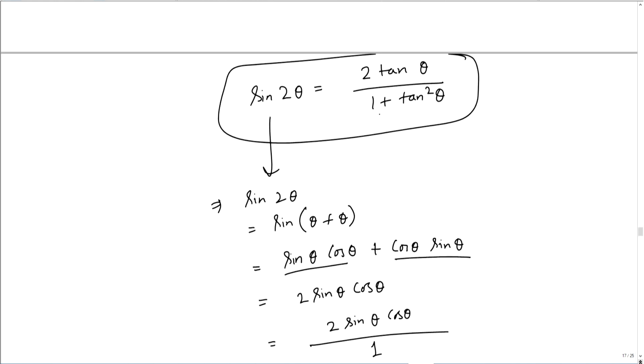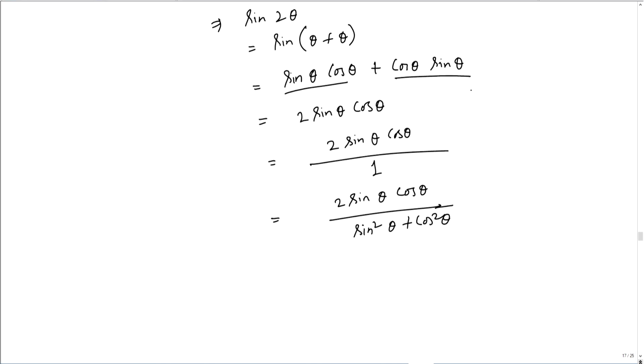Because I see here in the denominator there is a term which is tan square theta. The only way I can get tan square theta is if I divide sin square theta by cos square theta. So I need to use some terms involving sin square theta and cos square theta, otherwise I will not get this form. That is why in the denominator I replaced 1 by sin square theta plus cos square theta. Now, in order to get tan square theta, you need to divide by cos square theta.